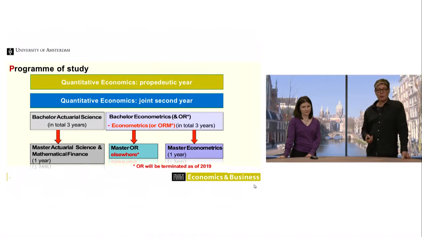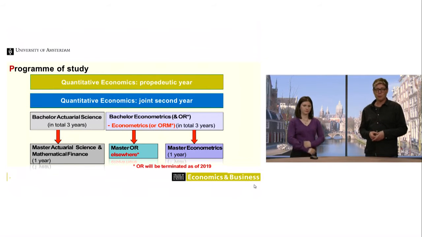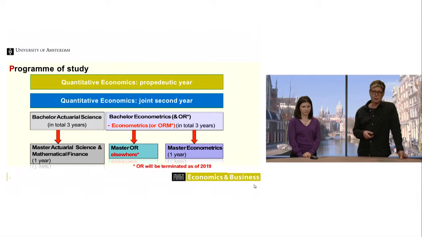So the program of study: we have a bachelor of 3 years. The first year is called the propedeutic year, and we have a joint second year. So whatever you choose, actuarial science or econometrics, in the first 2 years you get a solid basis in the techniques that you need in your profession.